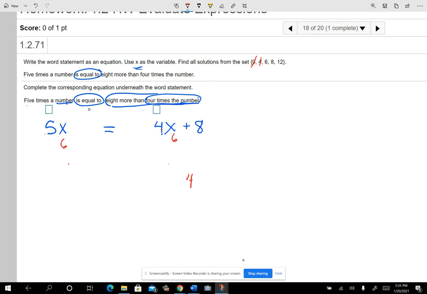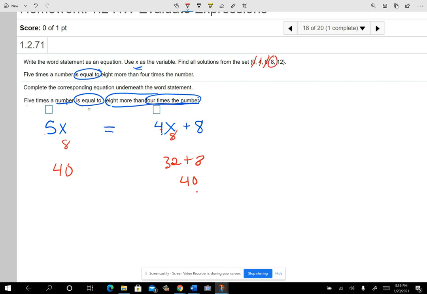If I do 6, I get a 30 on one side, but then I get 24 plus 8, which is 32 on the other. 6 doesn't work. Let's try 8. You just run through them all. I get a 40 on this side, and then 4 times 8 would be 32 plus 8. That would be 40 as well, and 40 would equal 40.